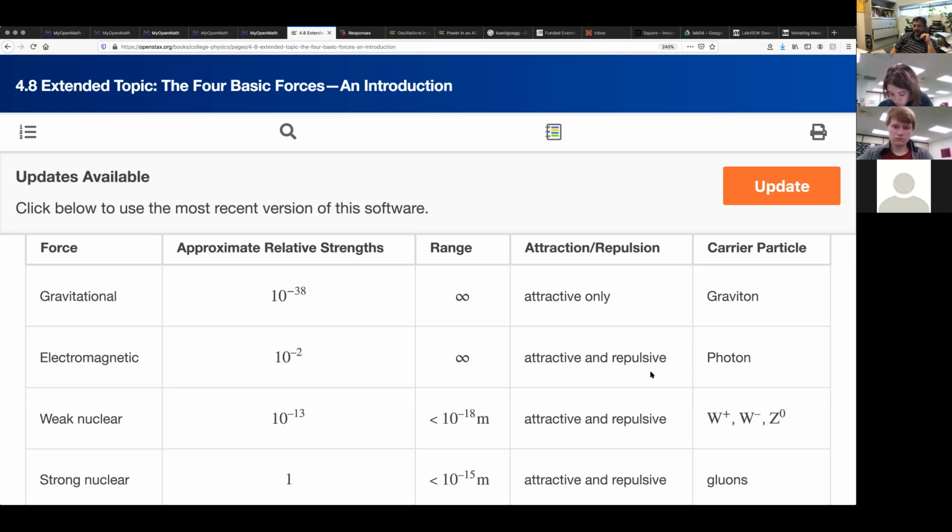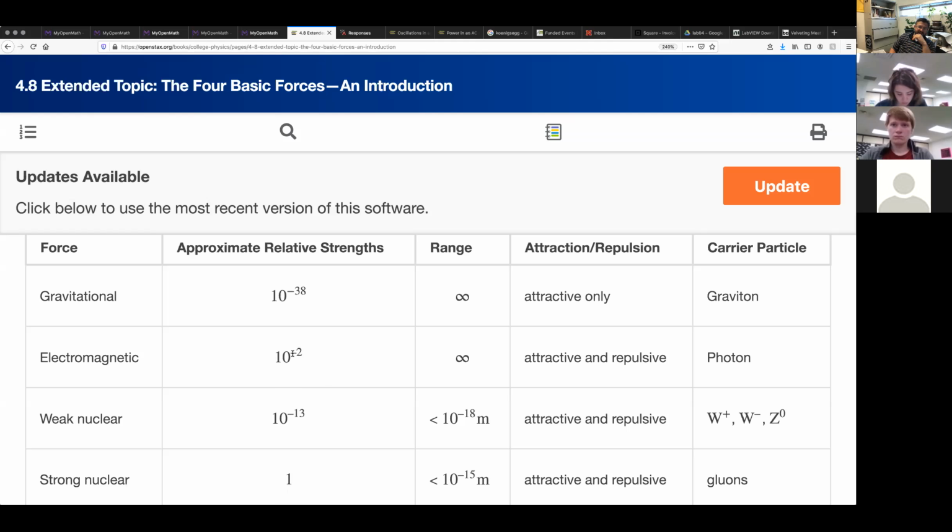We also know more about its attractive and repulsive natures, and it also has an infinite distance that it can reach out, but it's much, much stronger than the gravitational force. So if the strong nuclear force is at a 1, this one's only 100 times smaller than the strong nuclear force. So it's a much bigger force.